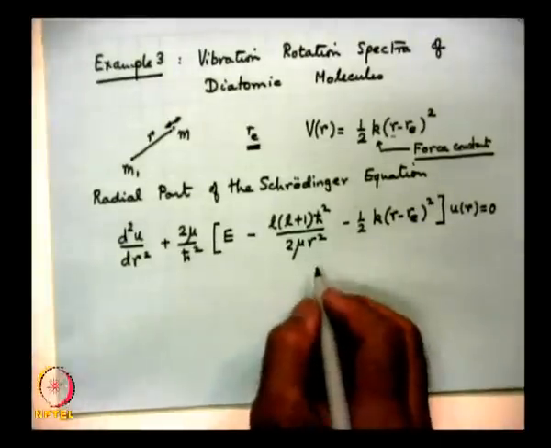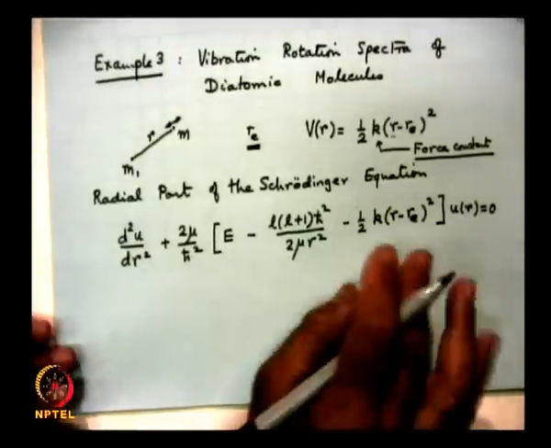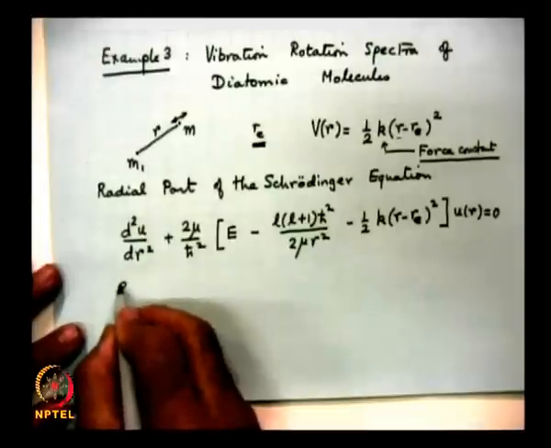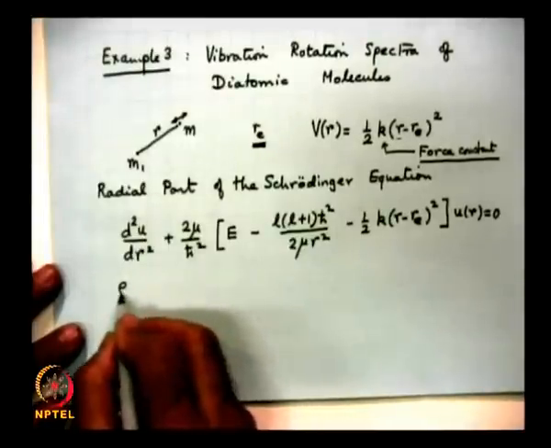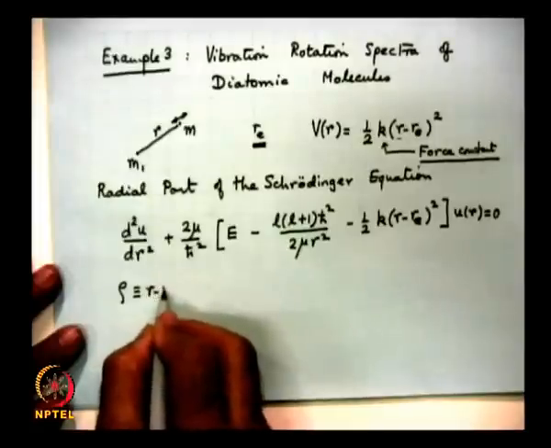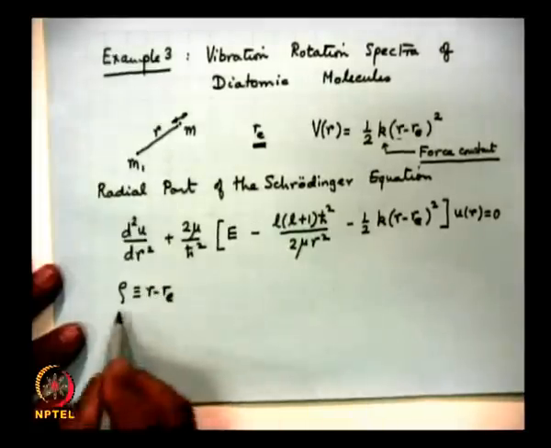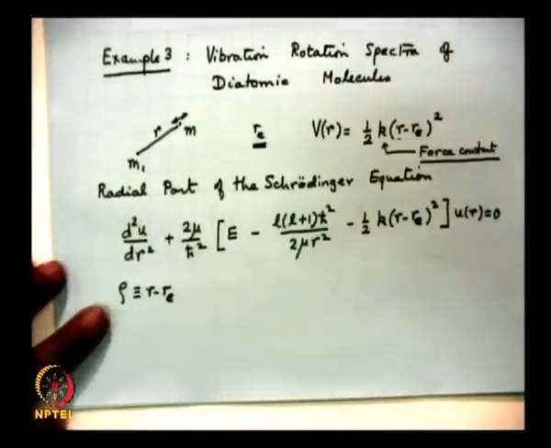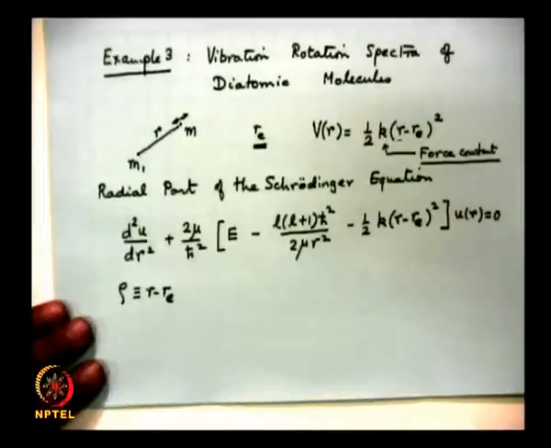Now, let me look at this term. In order to solve this equation, we will introduce a variable rho which is defined to be equal to r minus Re. This is not the same rho as we had discussed in the hydrogen atom problem. This has the dimensions of length.